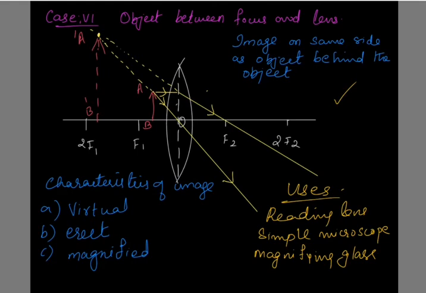Now we'll see about the ray diagram formation in case of concave lens in the next class. Compared to convex lens, only less position of objects are there for concave lens. Only 2 positions are there for concave lens, that we'll see in the next class.